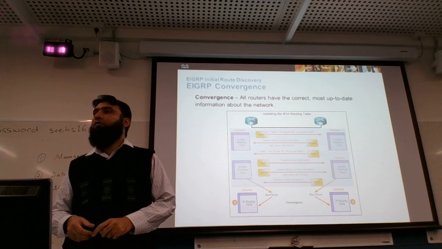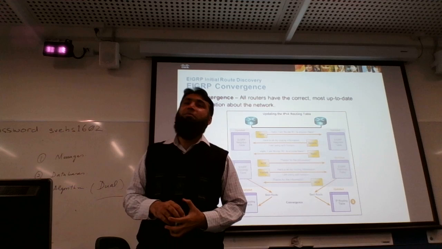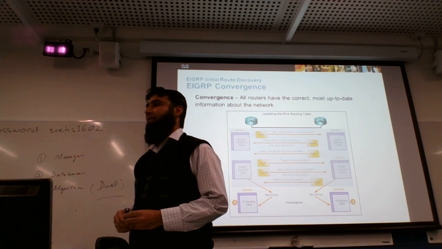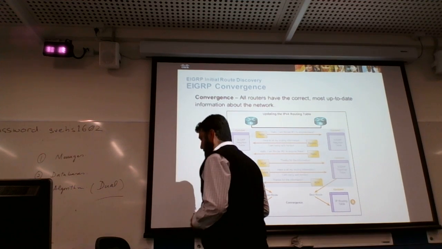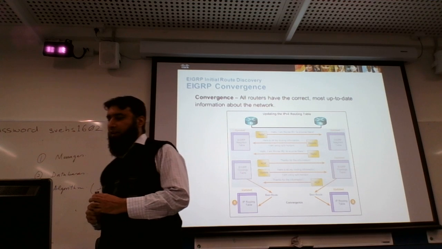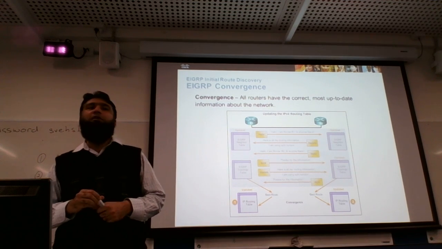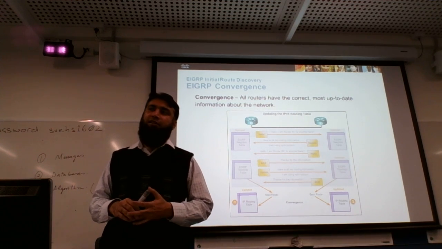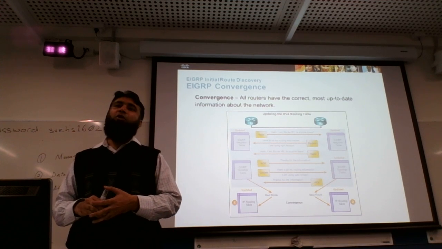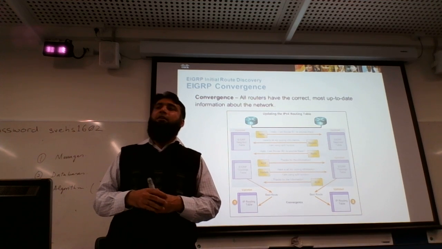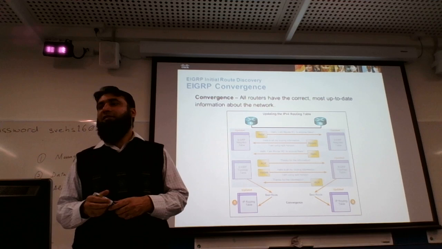And after that, what will happen? The DUAL algorithm will be run. In the DUAL algorithm, the best routes will be selected from the topology table, because the topology table will also contain best and second best.